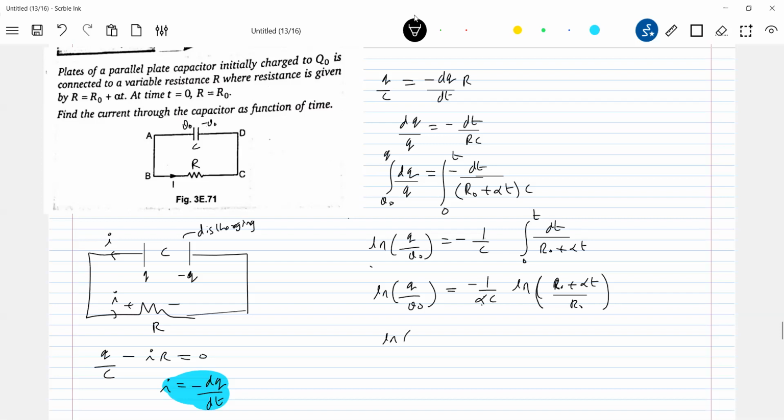So log of Q by Q naught is equal to minus 1 by alpha C. Now cancel the log on both sides and get the expression for Q: Q equals Q naught into (R naught plus alpha t) by R naught.